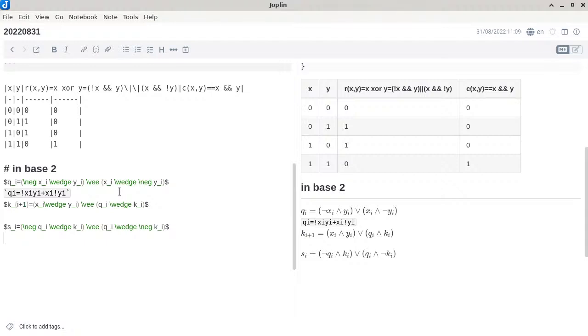But once we know the Qi, we can now plug in the Qi, and K0 is also given to us. So we know that at least for K1, which makes use only of the bit zeros, we know how to deal with this. But once we know K1, we can use it to compute K2. Once we know K2, we can use it to compute K3, and so on. Once we have all the K and the Q, we can now compute the sum bit, which is the actual thing that we want.